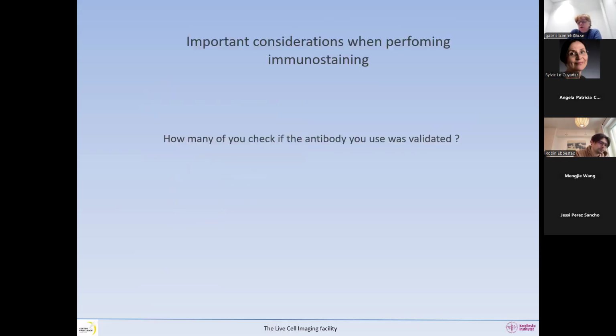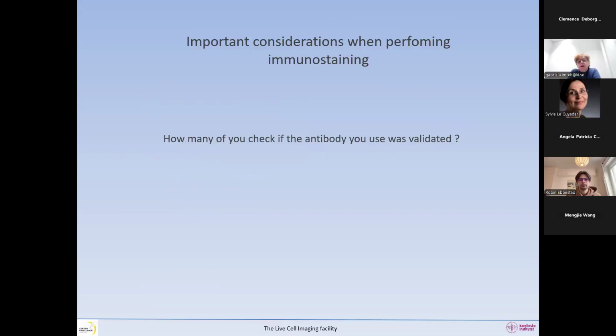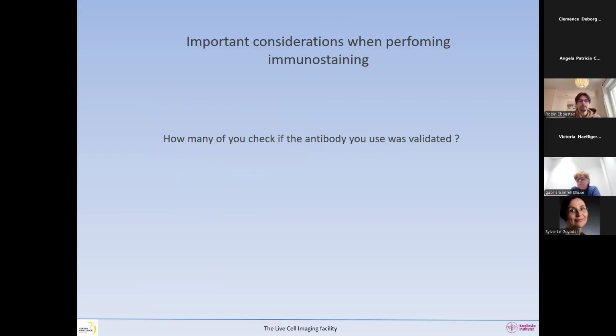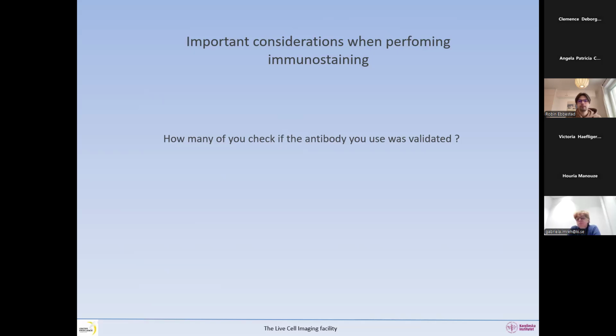But just before we move on, how many of you have checked if the antibody you use is validated? Can you raise your hands? When you look for antibodies, how many of you actually check? Good.